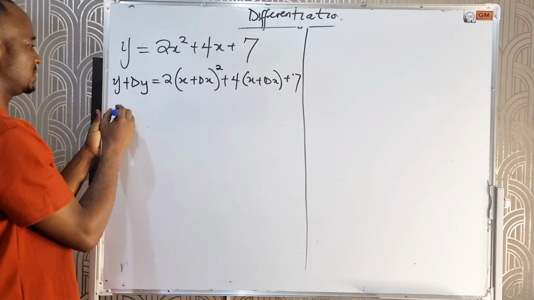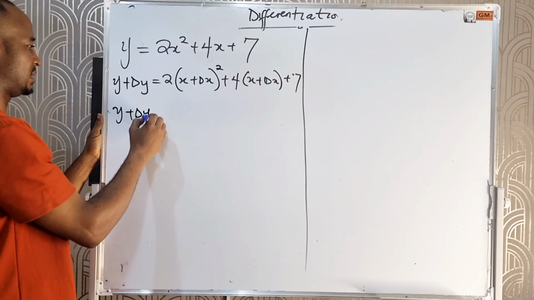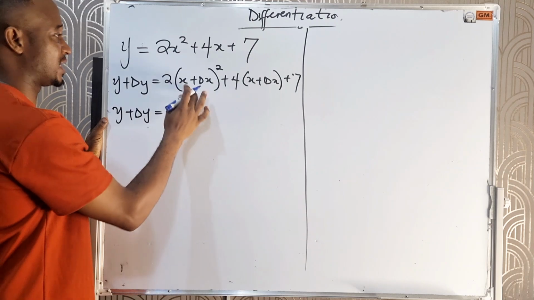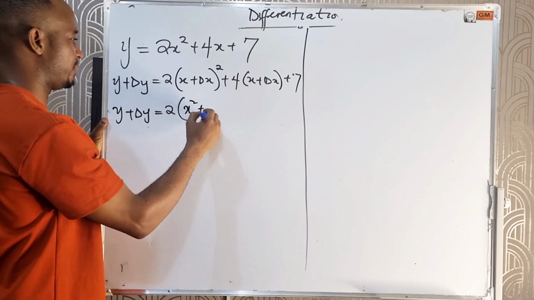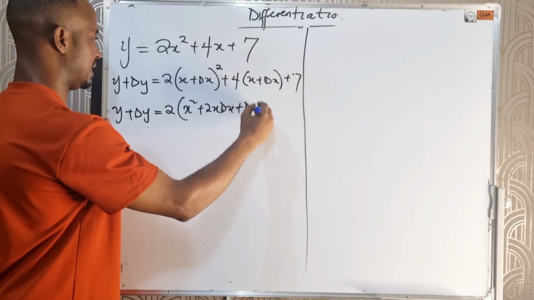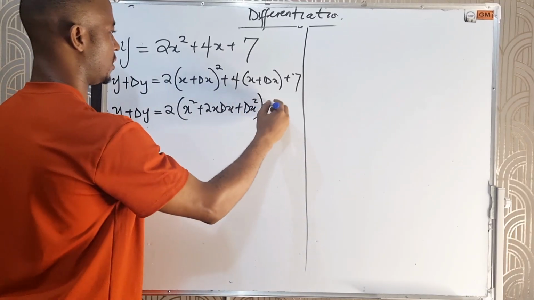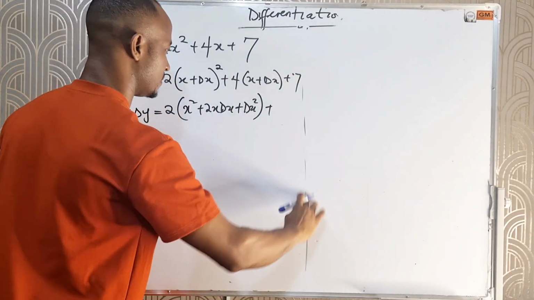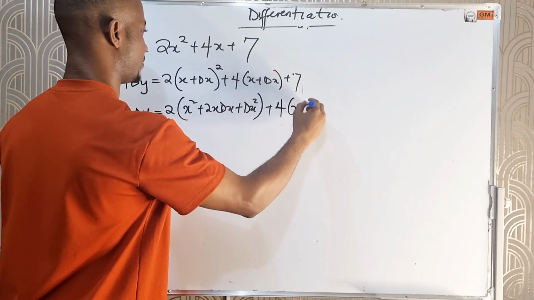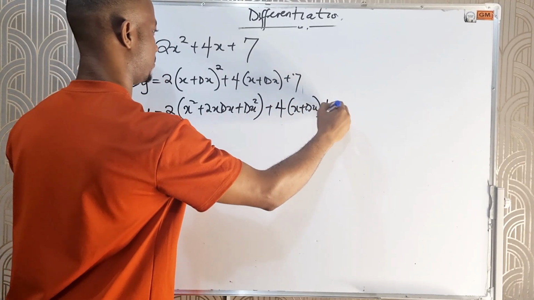Okay. Now let's go. Here we have y plus delta y equals 2. I've already expanded this in my first class, so I will expand this here. We have x squared plus 2x delta x plus delta x squared, right? So plus 4 in brackets x plus delta x plus 7.